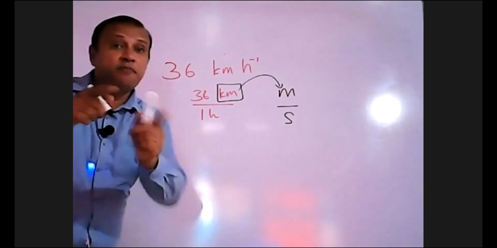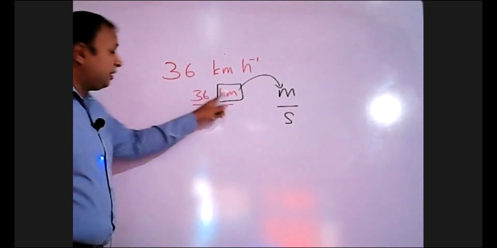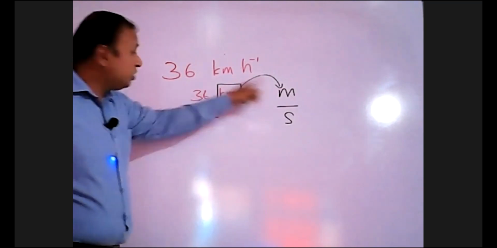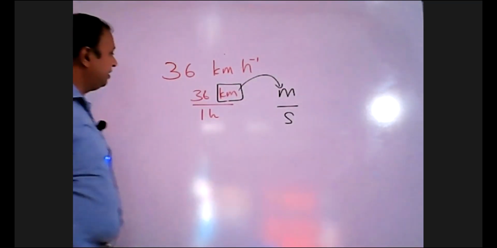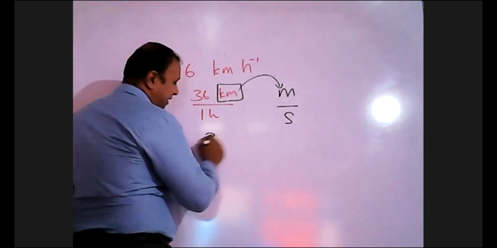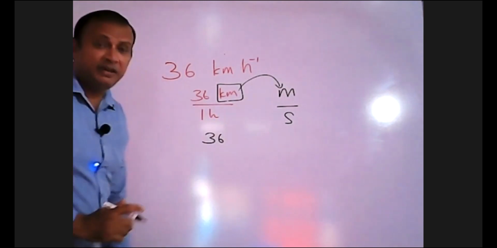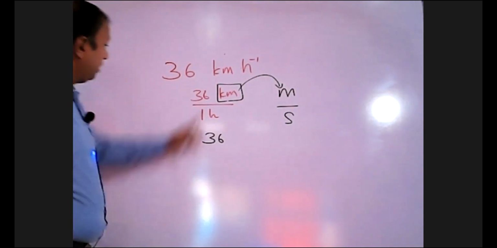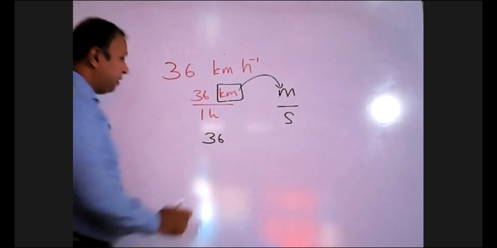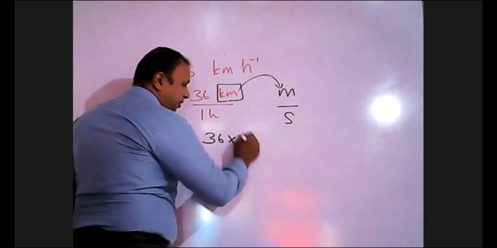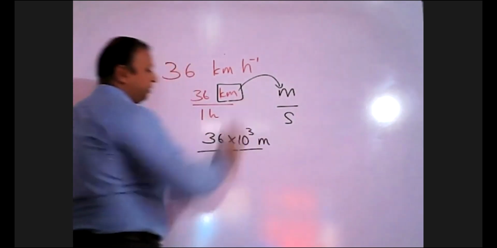You have to multiply, no? So multiply by the ratio between these two units. The ratio between these two units means 10 to the power 3. So you have to multiply by 10 to the power 3. Now it is converted into meter.